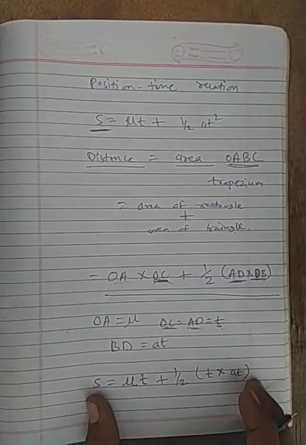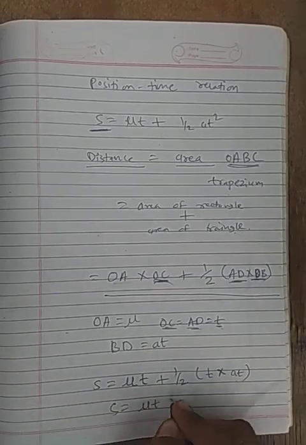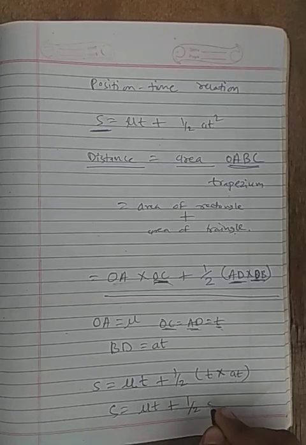If you calculate this, you can get S is equal to UT plus half AT square.